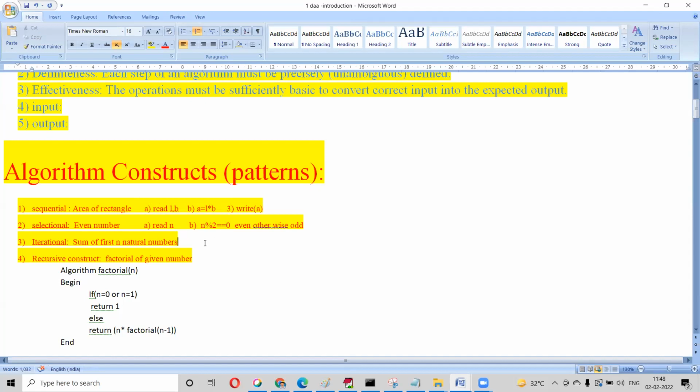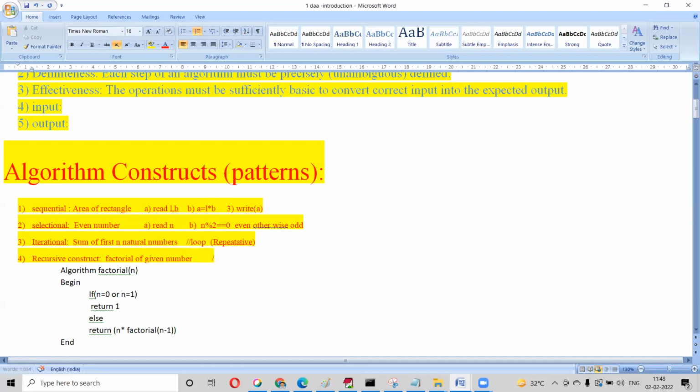Iteration means looping. I think you have implemented most of the looping, iterative or repetitive statements. So next is recursive constructs. You already know recursion: a function which is calling itself is said to be a recursion.